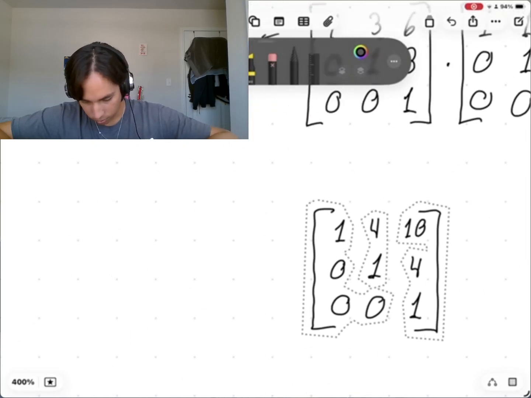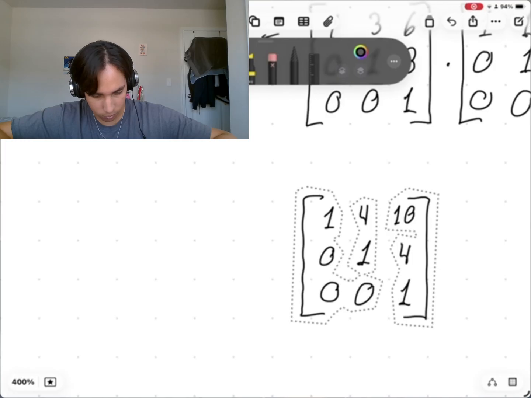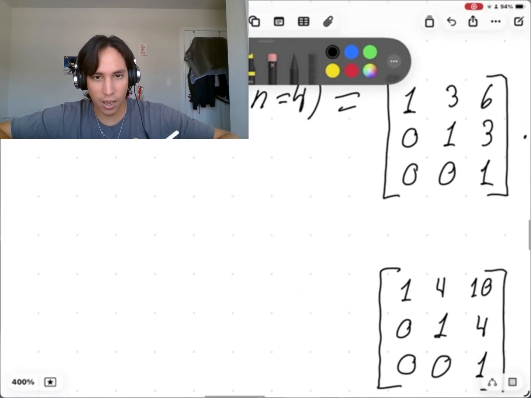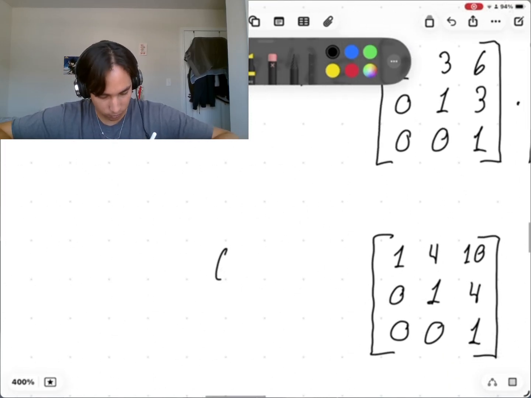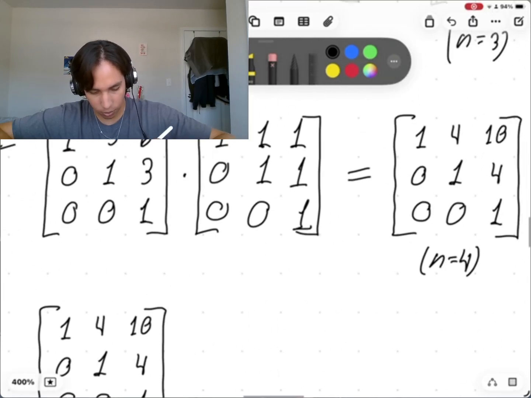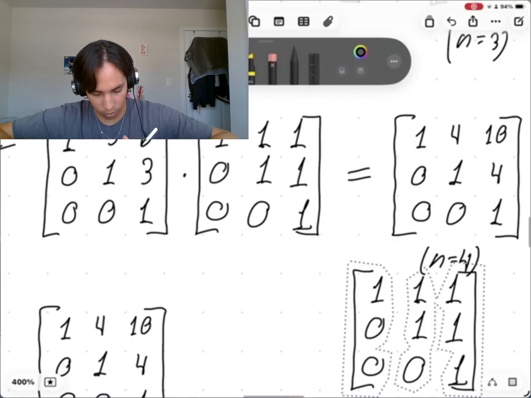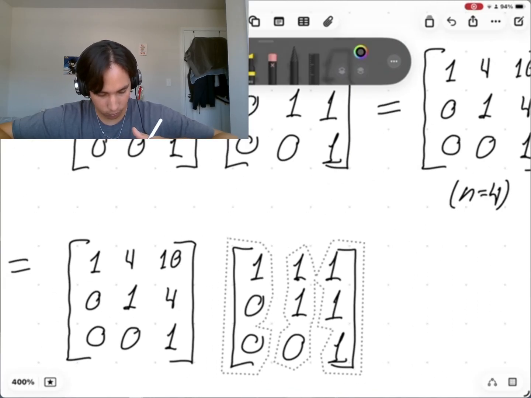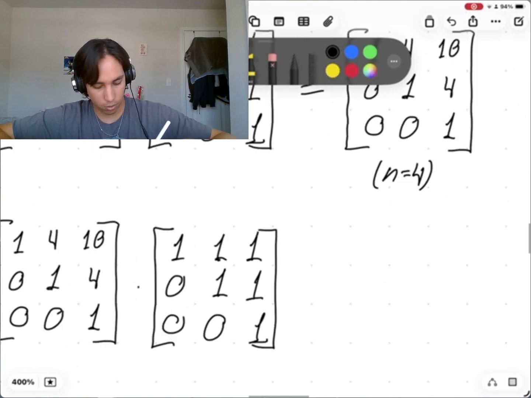Or else I might look like a bit of a fool. N equals 5, right? Duplicate.